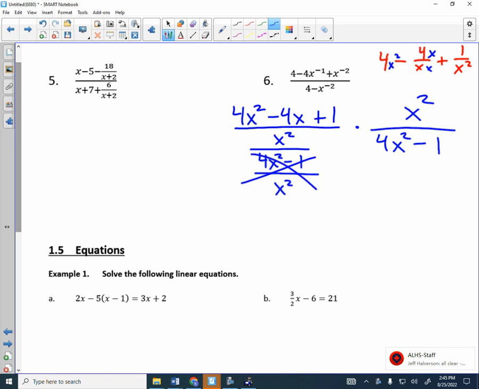What happens? X squareds cancel. Kenny led us to believe that the top and the bottom might factor. Do they factor? Yeah, they sure do. In fact, the 4x squared minus 1 is simply the difference of two squares, isn't it?